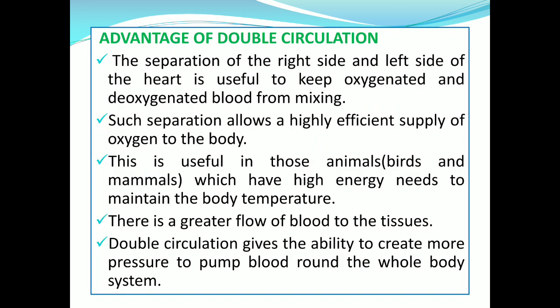The last topic of today is the advantage of double circulation. First, there is no mixing of oxygenated and deoxygenated blood in double circulation. Second, the separation of the left side and right side of the heart allows a highly efficient supply of oxygen to the body.